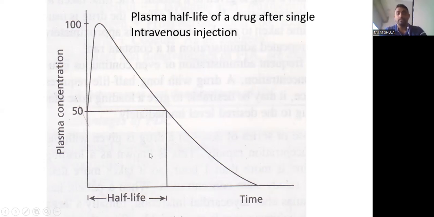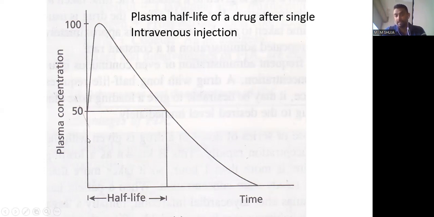That's it. So what is the next half-life? From 50 to half of that, 25. So where does the 25 come? That is the next half. So imagine the half time, for the majority of drugs, is 5 minutes, and after the next 5 minutes, that is at 10 minutes, it will be 25.